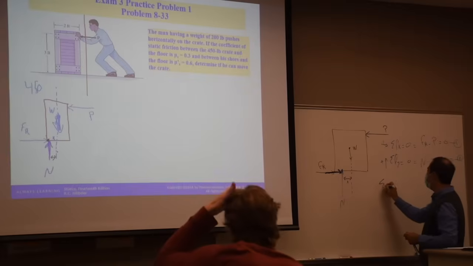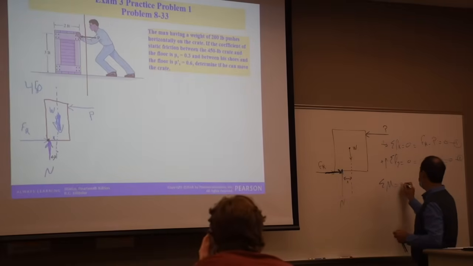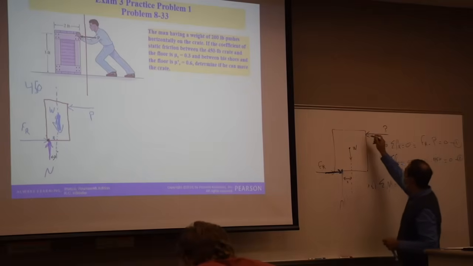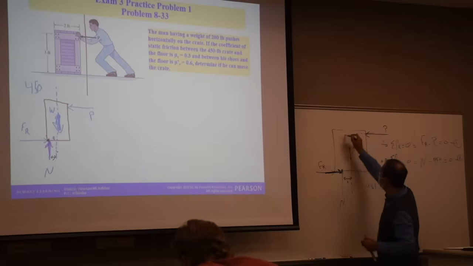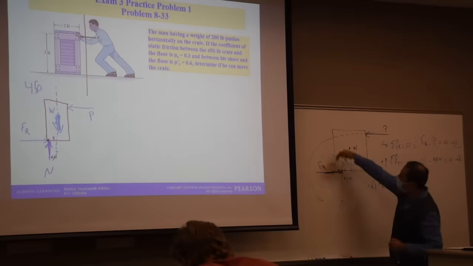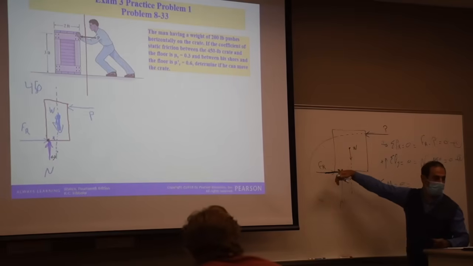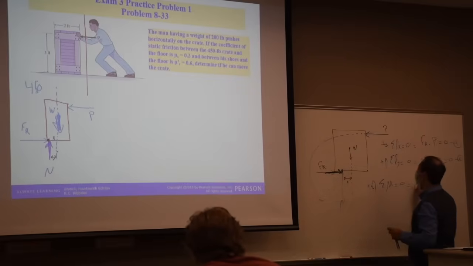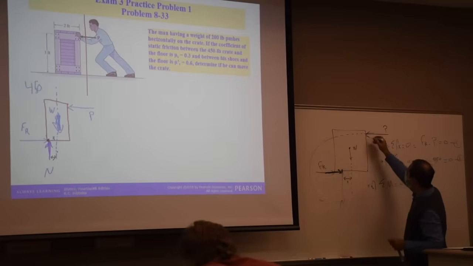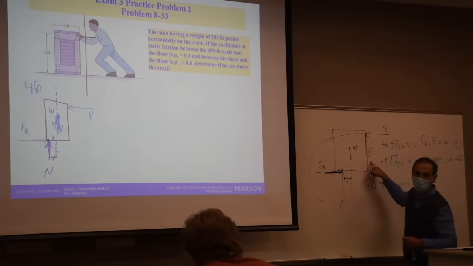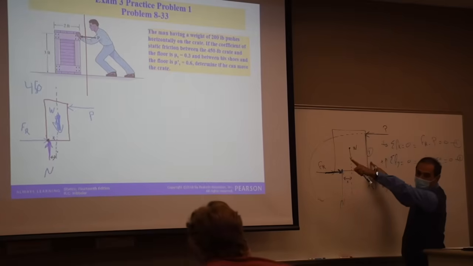So summation of moment should equal 0. That's positive. P here is going to rotate clockwise or counterclockwise? Counterclockwise, so that's positive P, and the distance from here to this point, how much? Correct? Is 3.